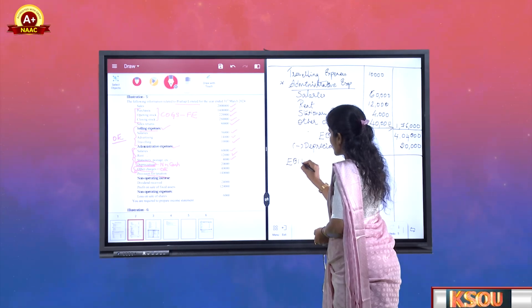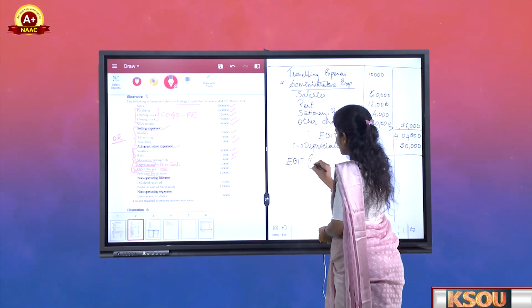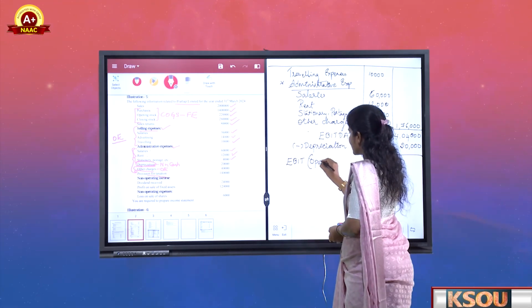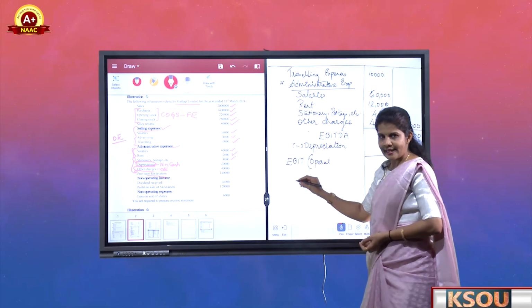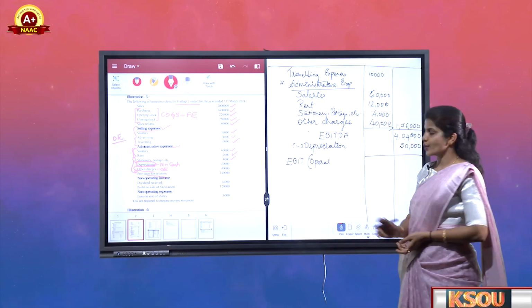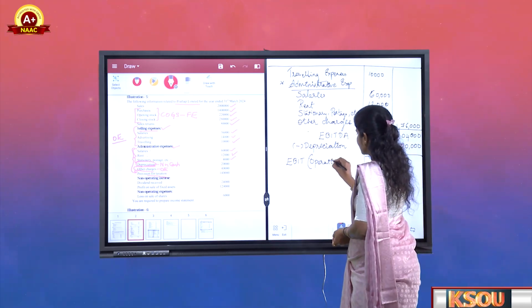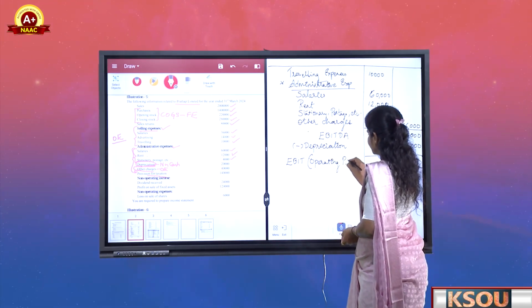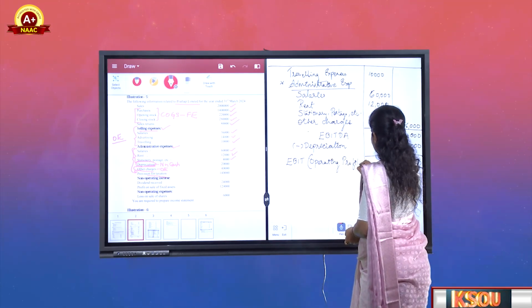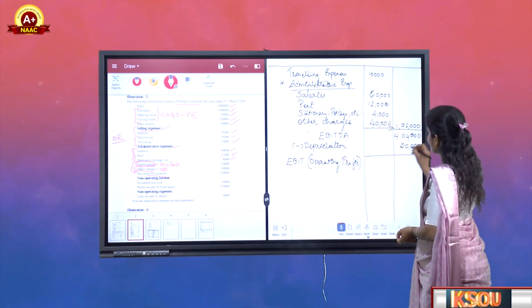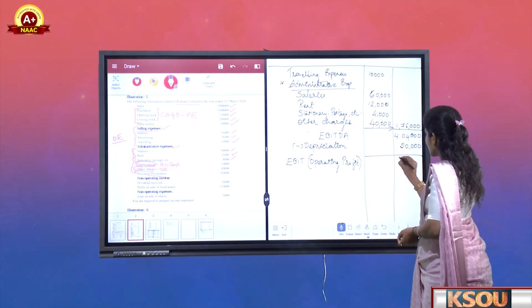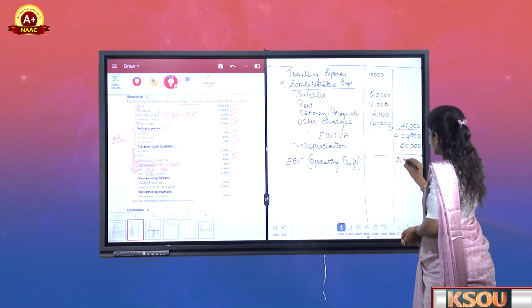Operating profit is also called EBIT. EBIT is nothing but earnings before interest and tax. This earnings before interest and tax is also called operating profit. Let us take the difference. So 4,04,000 minus 20,000 is 3,86,000.